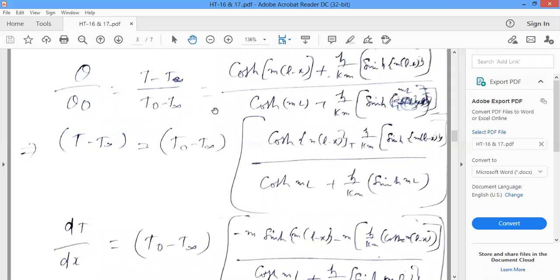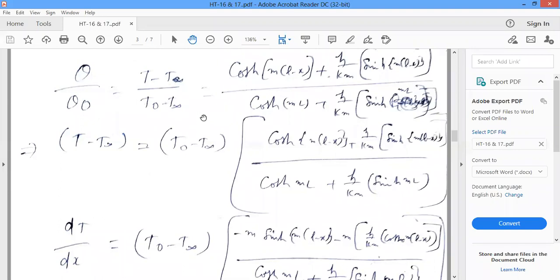Second boundary condition for the short fin, third case, at x equals L: conduction heat transfer is equal to convection heat transfer. Minus Ka dT by dx at x equals L is equal to hA into (T minus T free stream).